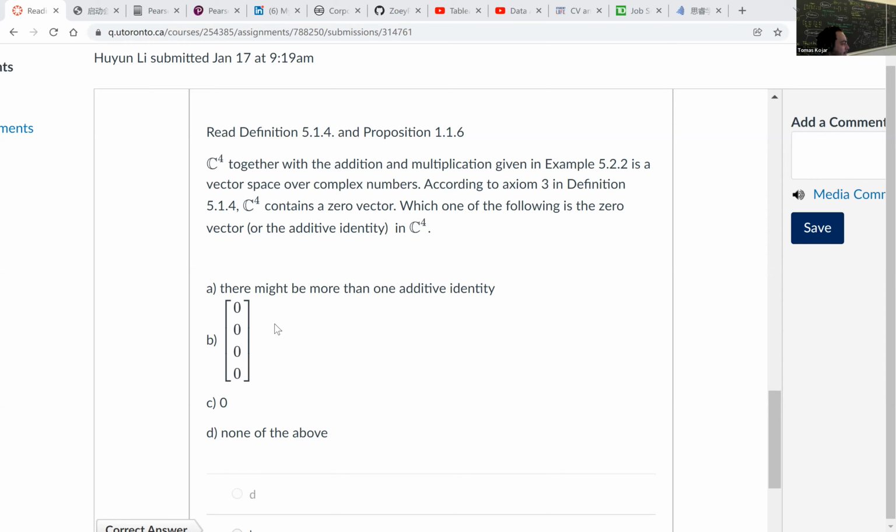For this course, if we write 0, is that okay, if based on the context we mean 0 in C and not 0 in R? Yeah, because R is a subset of C, so in a way you can write just 0, since 0 is equal to 0 plus 0i.